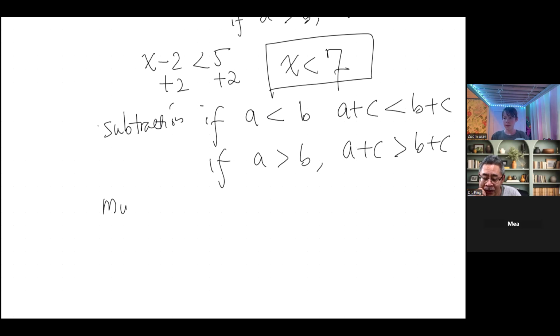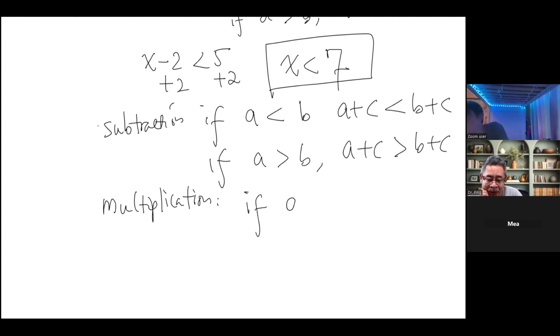Okay, now we have the multiplication property, just like early on. Multiplication is actually going to be a little bit interesting now, because it depends on what we multiply by. If A is less than B, then it depends on whether C is positive or negative.